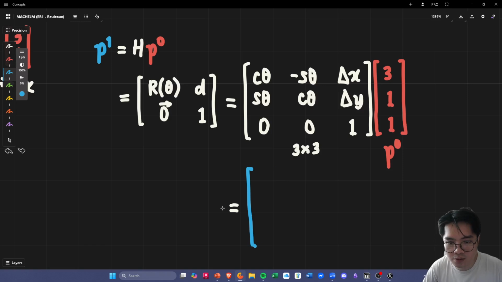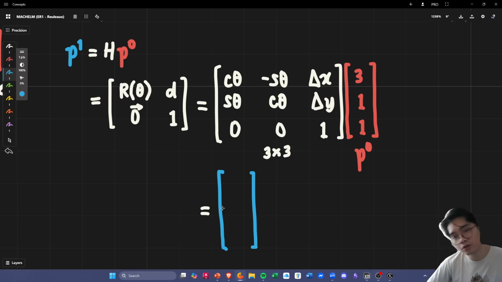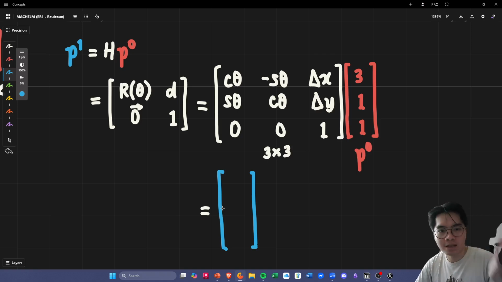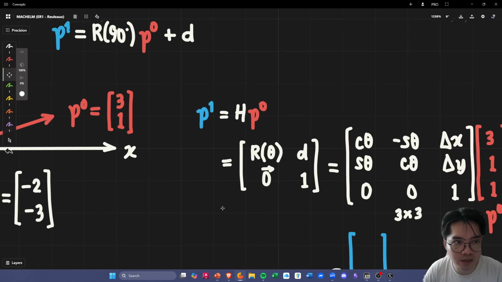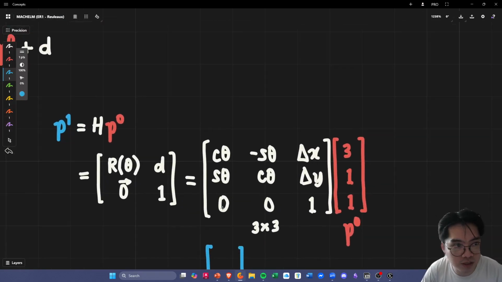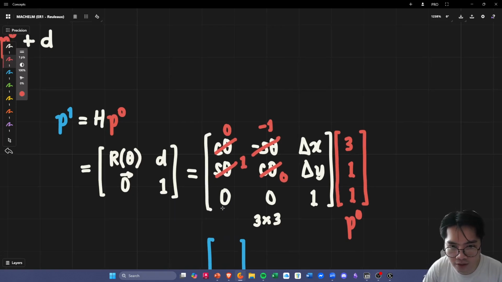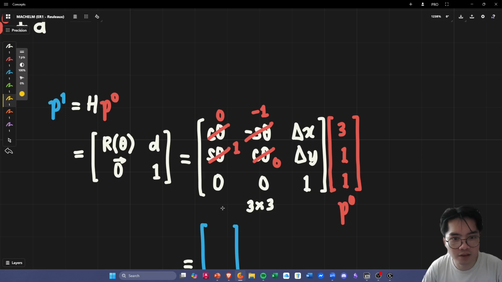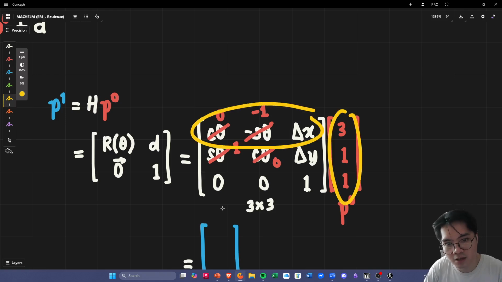Okay, so let's see what's going to happen now. Let's just try again our rotation matrix of 90 degrees. Cosine of 90 is just 0, and then 0, and then this is negative 1, and this is positive 1. This times this, we will have 3 times 0 is 0.